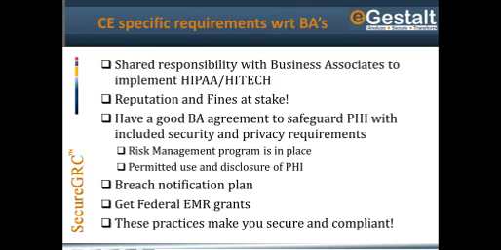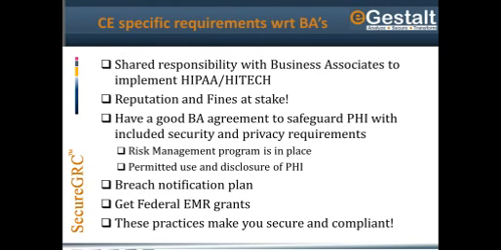So what does it mean? It means that the covered entity needs to have a very good, solid BA agreement to ensure that business associates and vendors that they work with are going to be safeguarding PHI, protected health information, and are implementing the adequate privacy and security requirements to safeguard the information. And I'll talk about what goes into the contracts based on our experience a little bit more, or processes that are required to enforce what's in the contract.